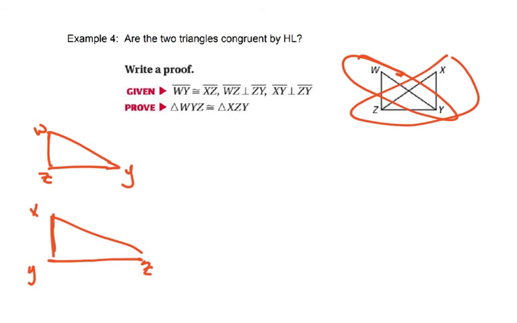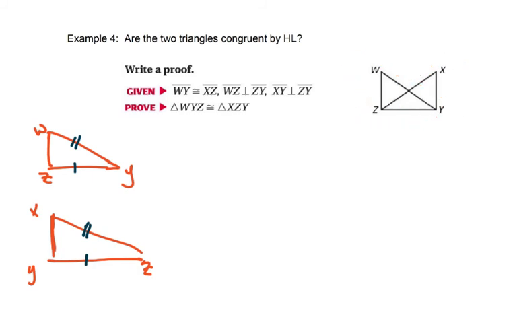We already know that ZY equals itself, right? We also know WY equals XZ. So I've got things that are useful, but there's some things I don't know for sure.